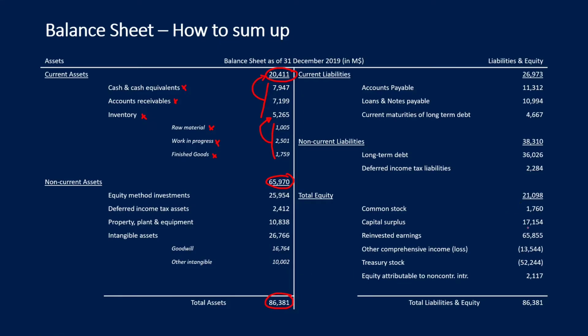The same is true here on the liabilities and equity side, where these items form the total equity, these items form the non-current liabilities, these items form the current liabilities, and all three add up to total liabilities and equity.